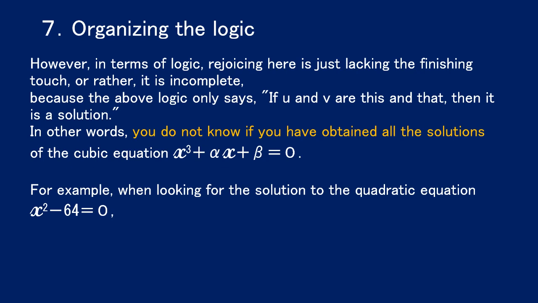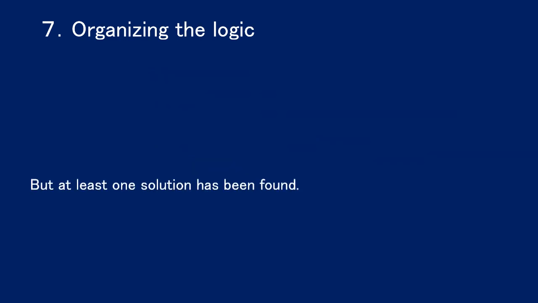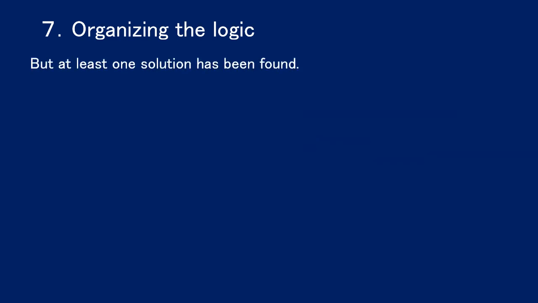For example, when looking for the solution to the quadratic equation x squared minus 64 equals 0, it is like saying, if you substitute x equals 8, the left side becomes 0. Solved. Solved. Another solution, x equals negative 8, is missing. But at least one solution has been found.